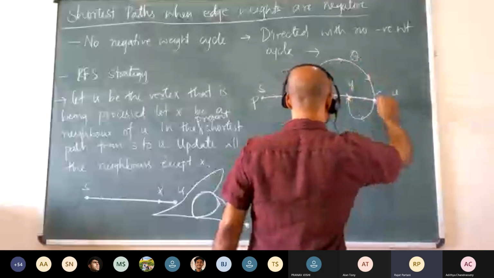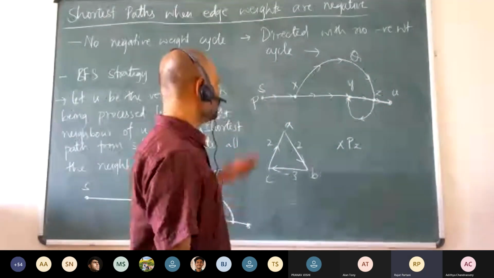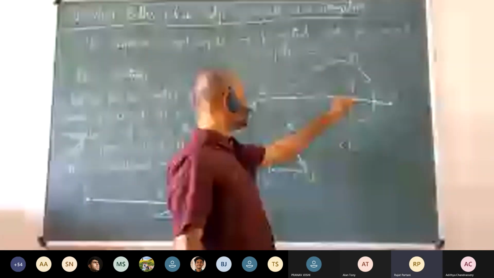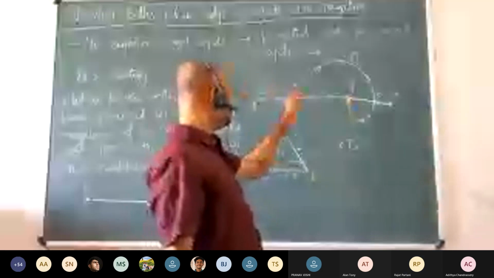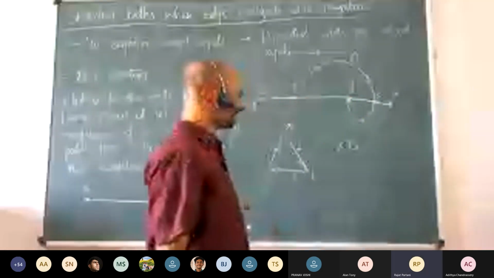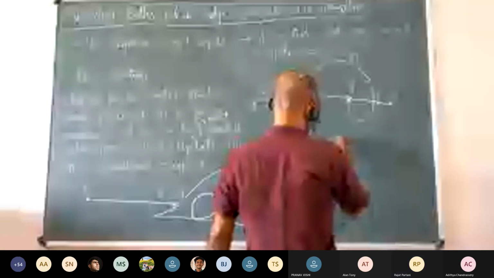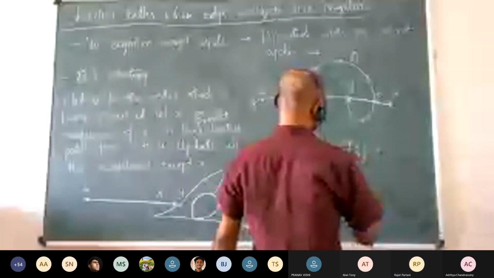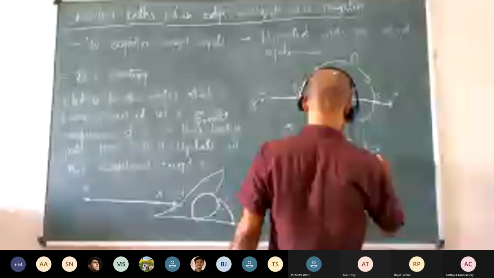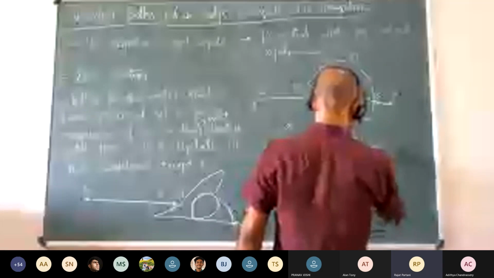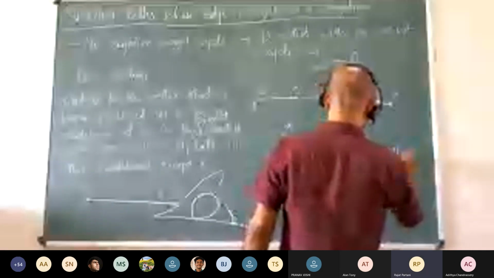So this is the first meeting point of X on this path, and this should be the shortest way of reaching Z. The weight of XPZ is less than or equal to the weight of XQZ.